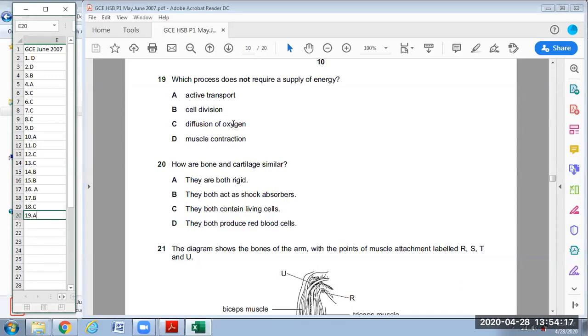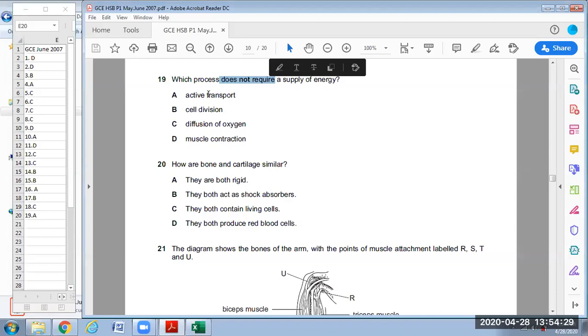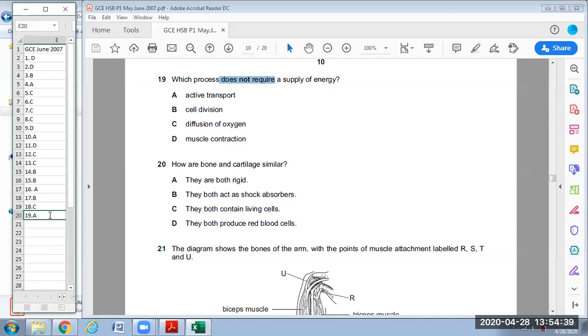Active transport needs energy, using your muscle, you will need to use energy to do it. Diffusion and osmosis do not need energy. So yes, the answer is C.